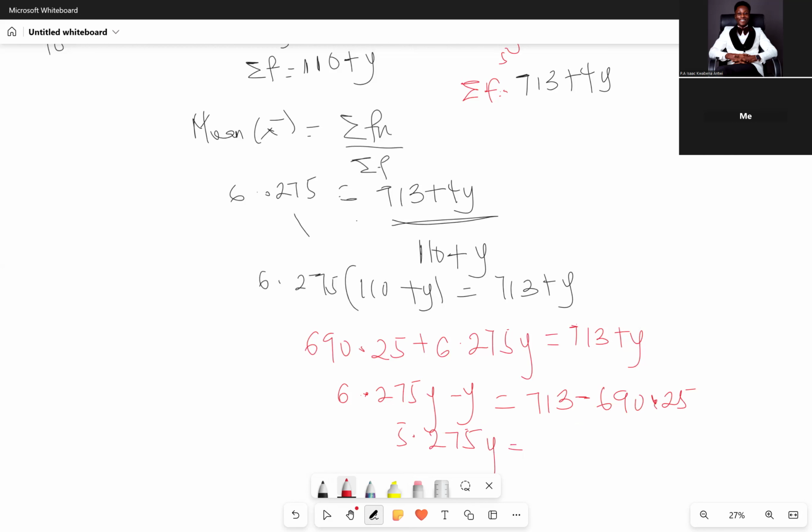You see? So this one will be 713 minus 69. You ignore the decimal. You will get a decimal which approximates to 10, but you are not supposed to approximate. 22.75. But I like your presentation though, so go and find the fault.